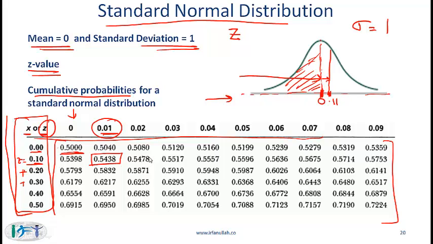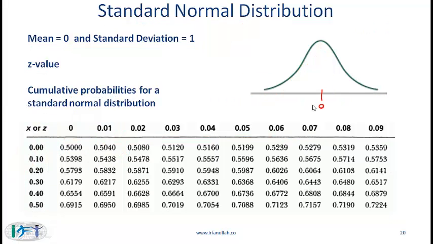It is important to note that once you learn how to read the table, you should be able to use the fact that the distribution is symmetric. So in my simple example, if I ask what is the cumulative probability with z equal to 0.11, you simply come up with this number.